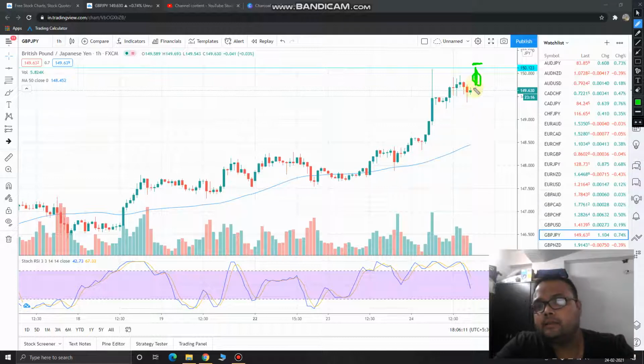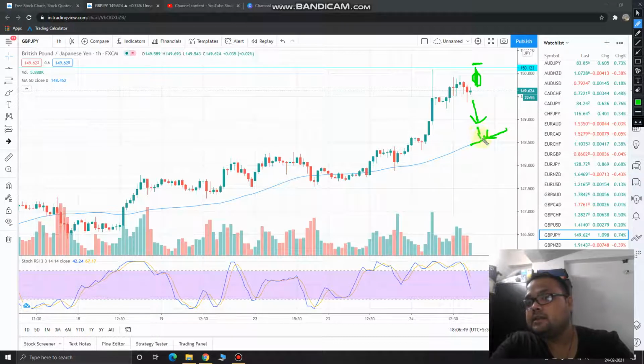So in case market doesn't go up and it starts coming down, and if you find this currency in this price zone, okay, if you see that after hitting the 50 period moving average, it's not going down, 50 period moving average is giving support and it is bouncing off from there, then that will be the best position to place the buy order, because that will be the area of value.